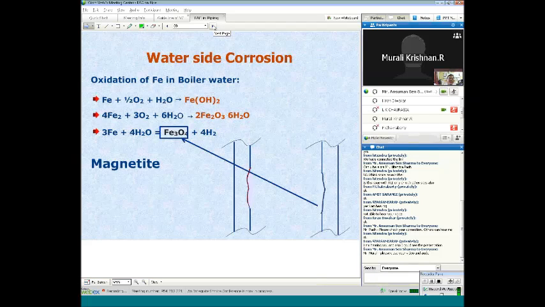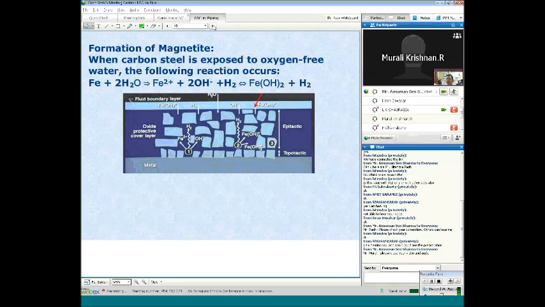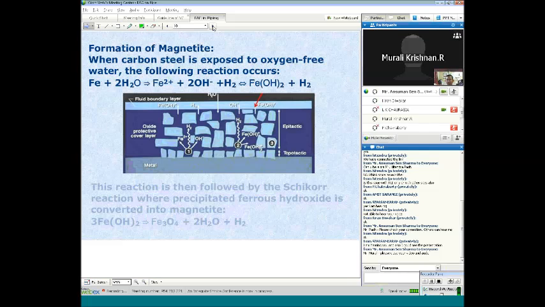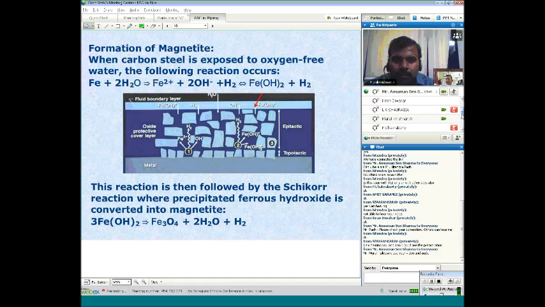Now, in the case of heat in the water and no oxygen, there is a continuous formation of Fe(OH)2 in this reaction. This Fe(OH)2 goes through a secondary reaction afterwards, commonly called the Schikorr reaction, and gets converted into magnetite. This magnetite is supposed to be stable and stick to the surface, but if the pH is not very high, then it creates a problem.